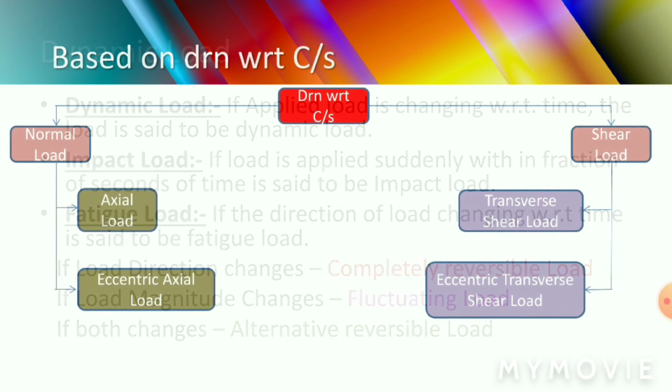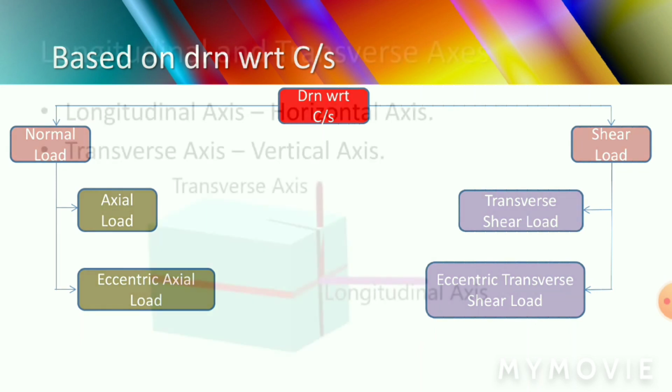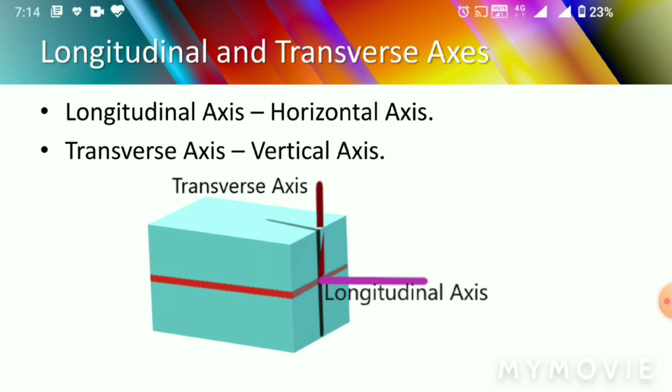Classification of loads based on direction with respect to cross section. This is further classified into two types: normal load and shear load. The normal load is further classified into axial load and eccentric axial load, and the shear load is further classified into transverse shear load and eccentric transverse shear load. First of all, we have to know what is meant by longitudinal axis and transverse axis.